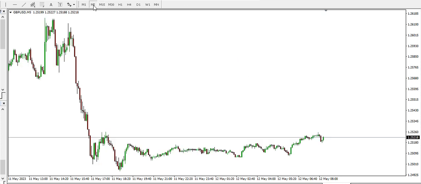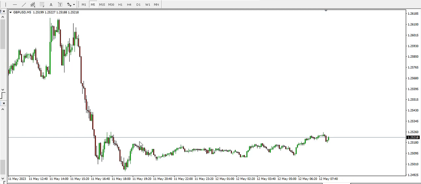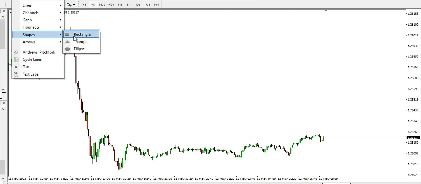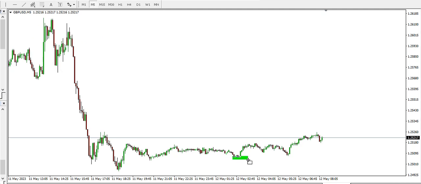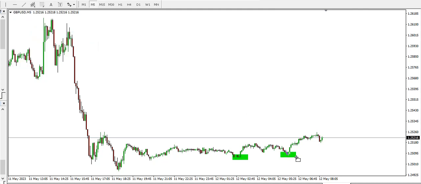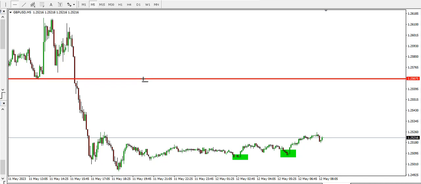Okay, on the 5 minutes time frame, what do we have? You can see this range. Okay, it's ranging, but as it ranges, we are seeing these higher lows. The range is so small that it is more or less insignificant until we see price coming up to this point.